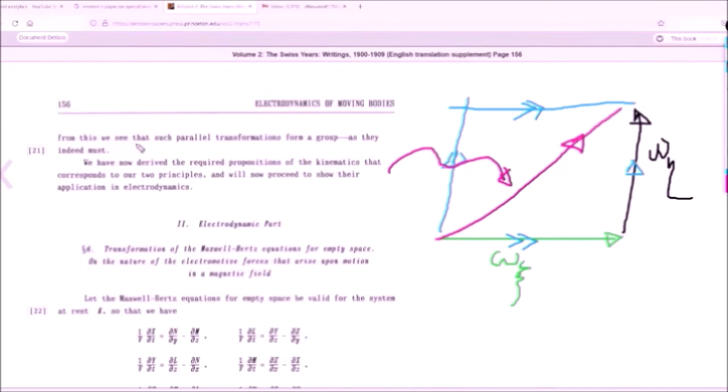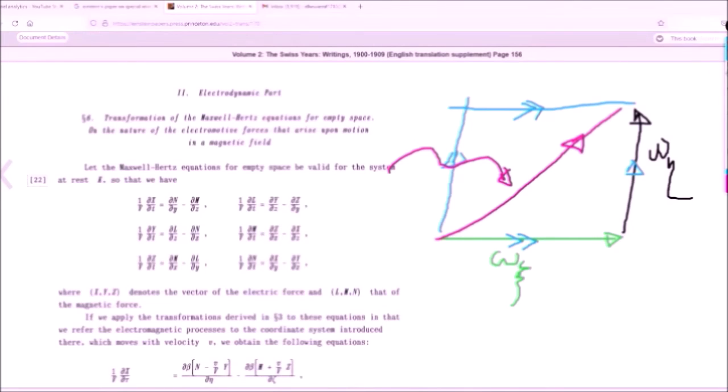From this, we see that such parallel transformations form a group, as they indeed must. We have now derived the required propositions of the kinematics that correspond to our two principles, and will now proceed to show their application in electrodynamics.